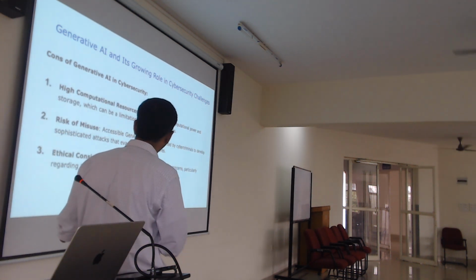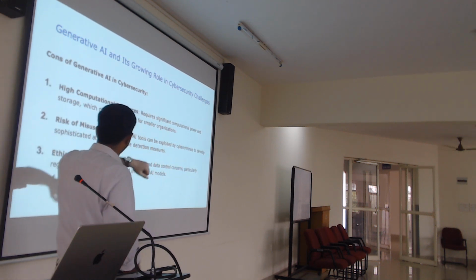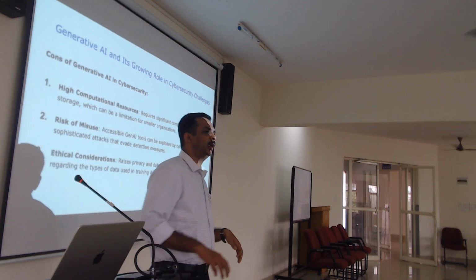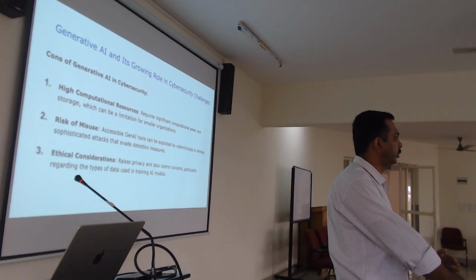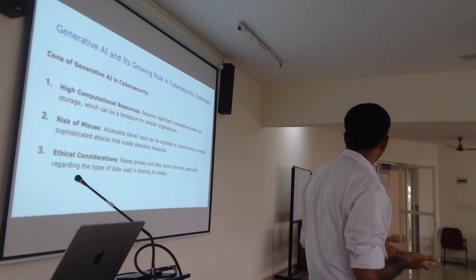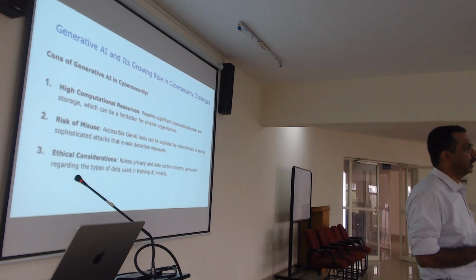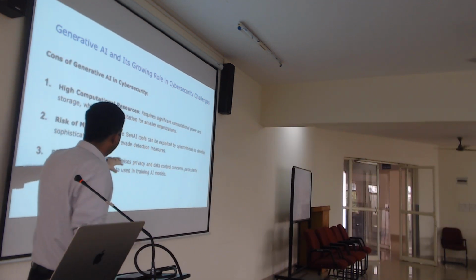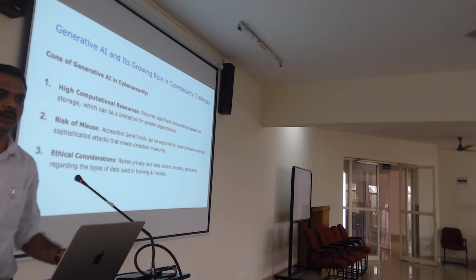The risk of misuse is very high, because whenever GenAI tools are exploited by cyber criminals, they may use them to mount sophisticated attacks. Recently we saw what happened with the pager attack. If cyber criminals are exposed to these GenAI models, I think they can easily handle them effectively. Then ethical considerations: privacy and data control concerns do arise whenever you are using AI models.